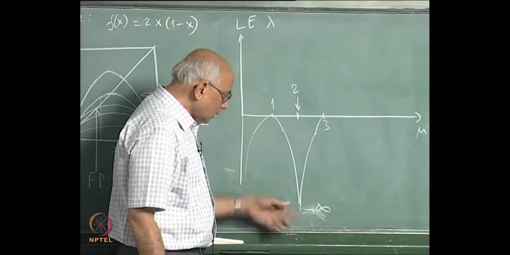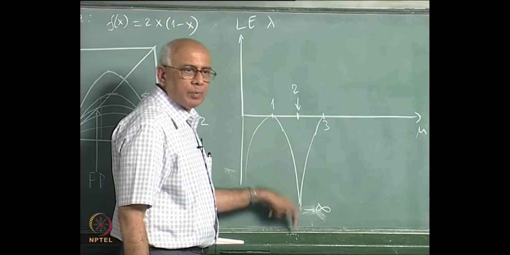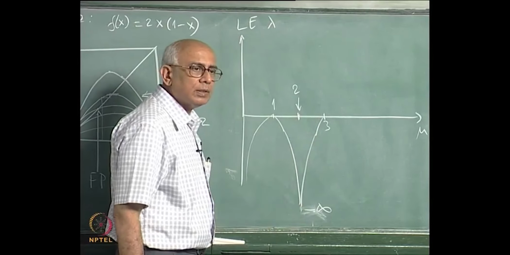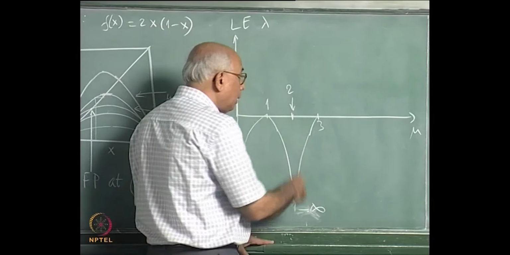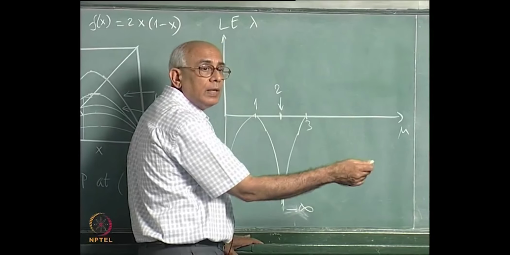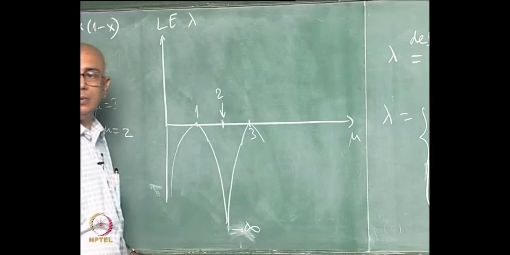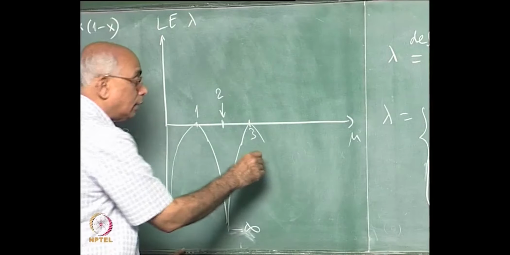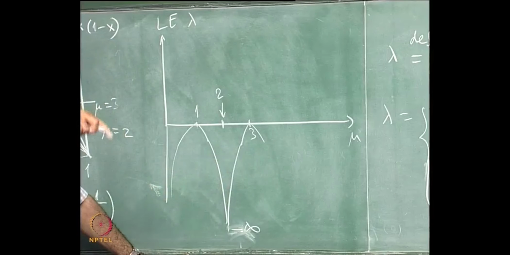But it is easy to see that in this case the Lyapunov exponent will actually go to minus infinity here, then it comes back, crosses this at 3, and then because now a period 2 cycle takes over, it falls back once again. There could be possibilities that the periodic cycles themselves become super stable.